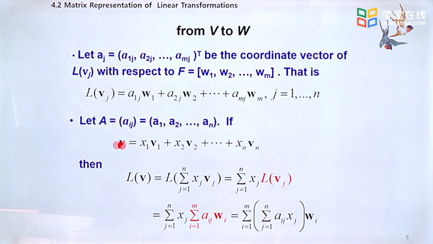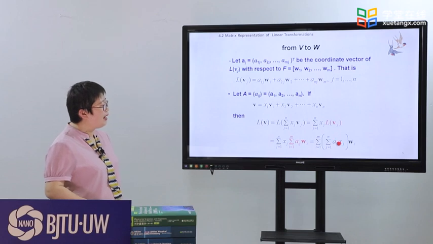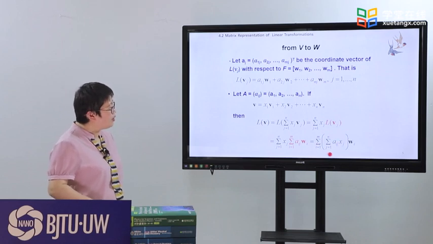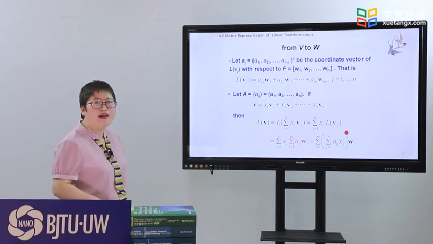So this means we can represent L(v) by the basis vectors wi given in F, where the scalar before each wi is this one, summation j varies from 1 to n of aij xj, and this one should be just yi.